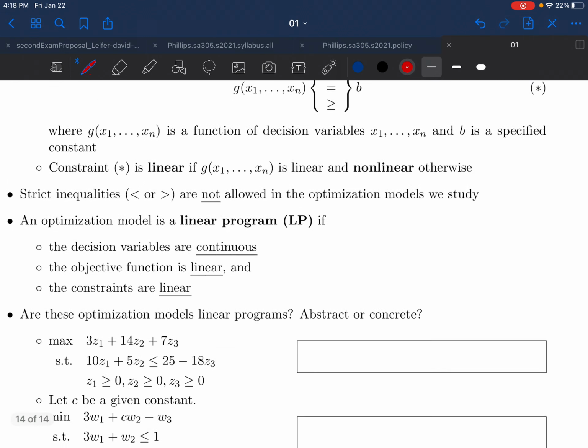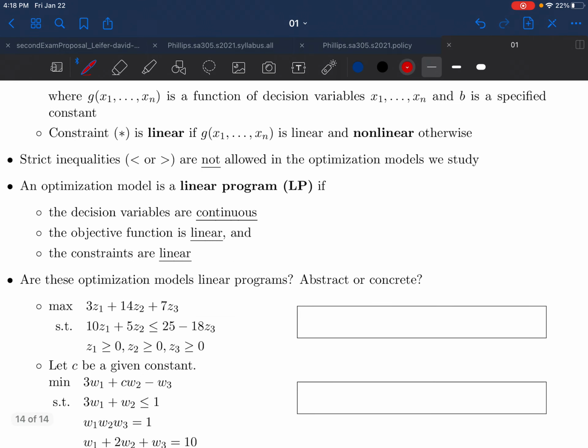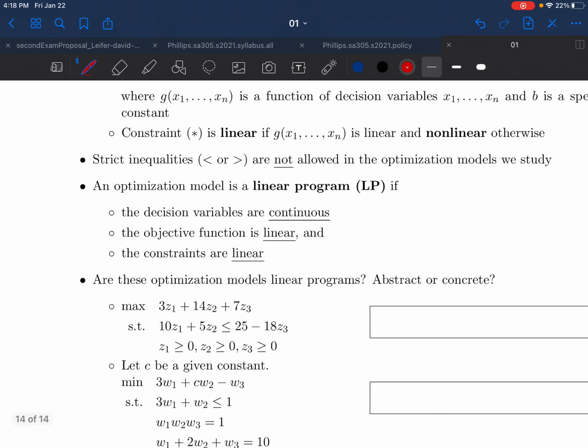Sometimes it's not specified. For example, in the examples I have here, it's not given. Oh, by the way, this should say parameterized. Abstract and concrete are last year's terms for it, but we are going with the more usual parameterized or not. Here, it's not given what the decision variables are, so it would be very fair of you to ask, what are the decision variables in this model?